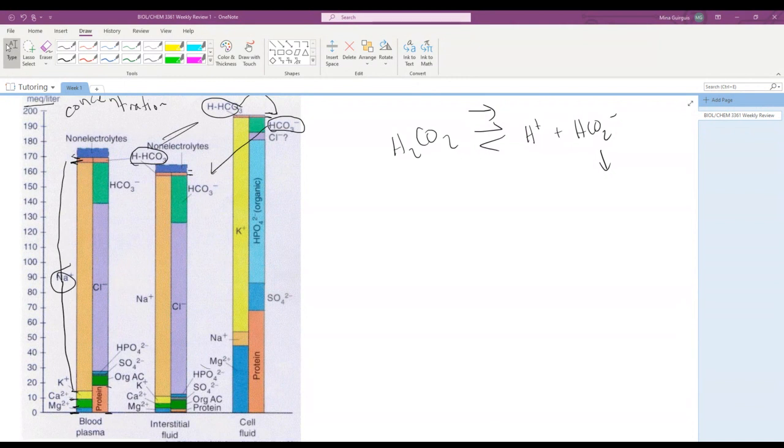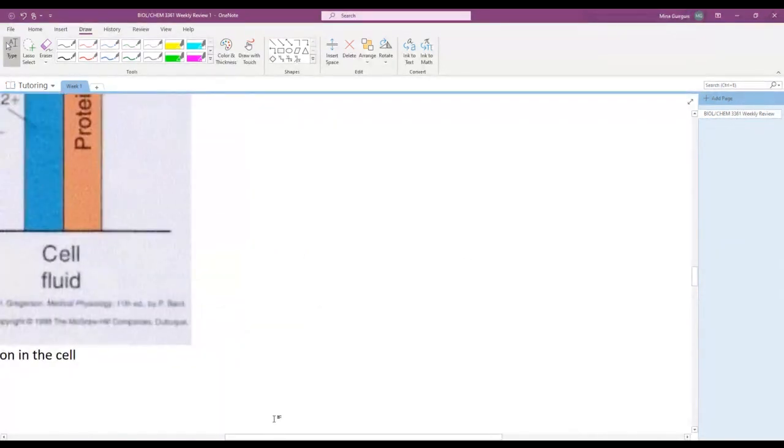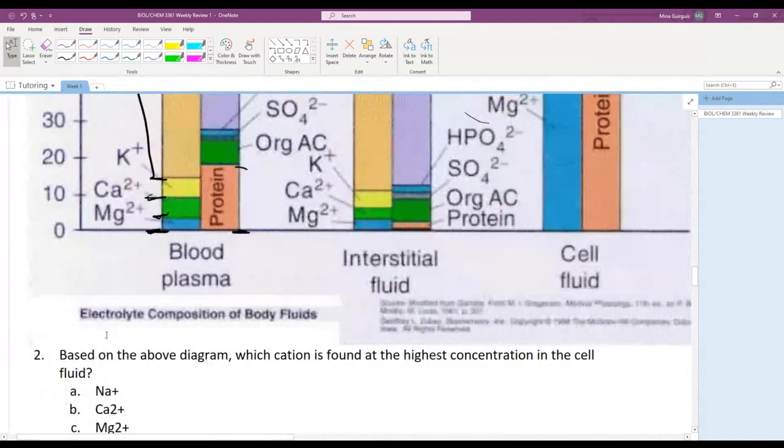Go ahead and vote what you think the answer is based on this diagram. Oh, we already got 3 votes for potassium, 4 votes for potassium. Okay, yeah, it's potassium, exactly right. I'm going to go ahead and cut it off here. All right, so does that make sense to everyone? Does anyone have any questions about it? I can actually go ahead and zoom in. Okay. All right, yeah, great job, guys.